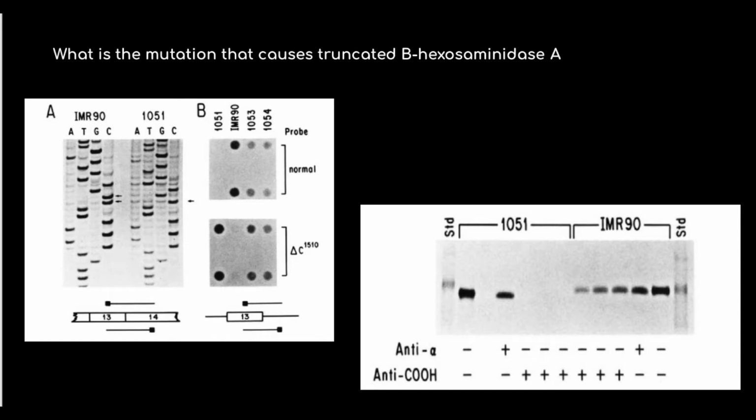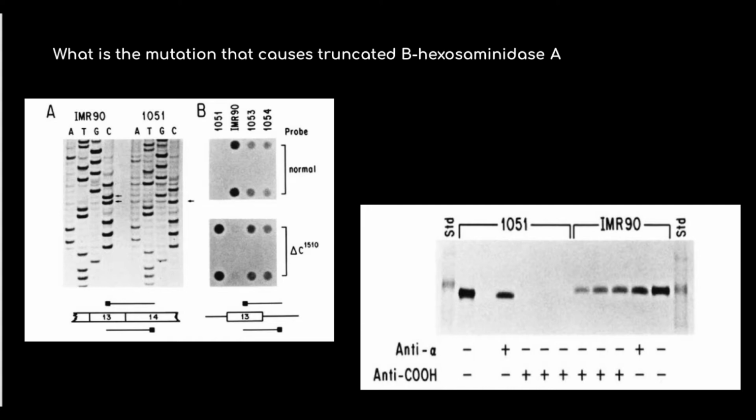This also raised some questions when they did the immunoprecipitation that specifically targeted the carboxyl and the amino ends. When they did the immunoprecipitation that targeted the amino ends, they observed that the 1051 and the IMR90 precipitation was equal if they removed the signal sequence that they used to visualize the 1051.